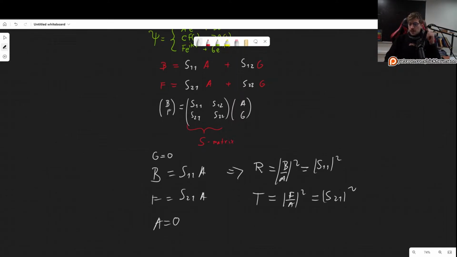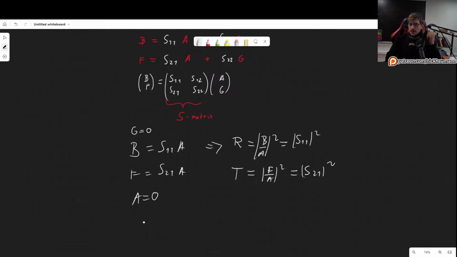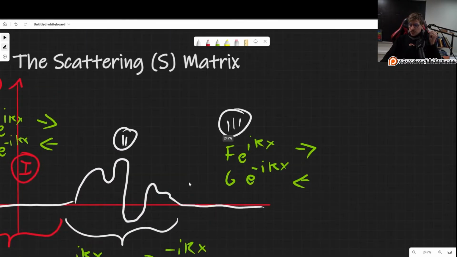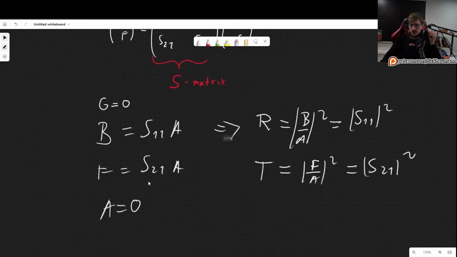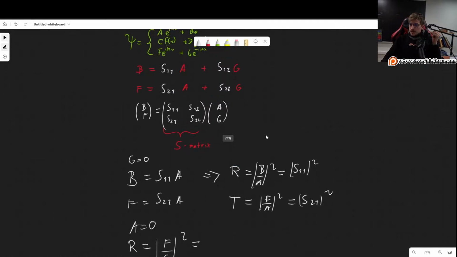Just to be thorough, let me show you what it is explicitly. So if G is the incoming wave, then F is the reflected one, and B is the transmitted one. So the reflection coefficient this time, where G is our incoming wave and F is our reflected one, is F over G squared.